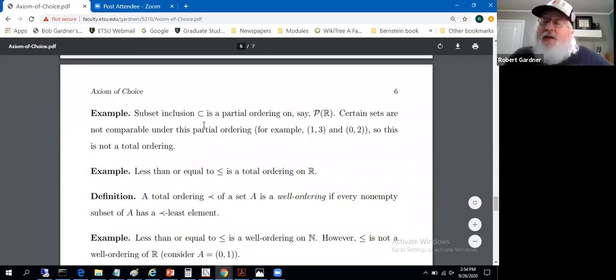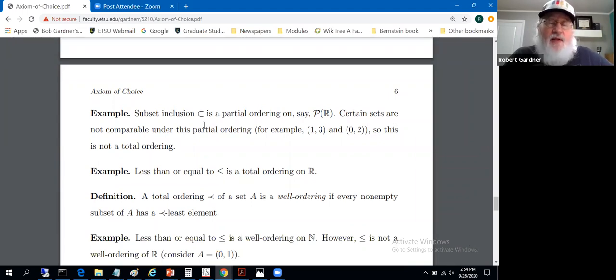Let's consider subset inclusion. This is a very classic example of a partial ordering. Take subset inclusion as a partial ordering, say, on the power set of the reals. It's a partial ordering because there are some subsets of the reals that aren't comparable under subset inclusion. Take the interval from 1 to 3 and the interval from 1 to 2. Definitely in the power set of the reals, but neither is a subset of the other. Okay, those two elements of the power set of the reals are not comparable under subset inclusion.